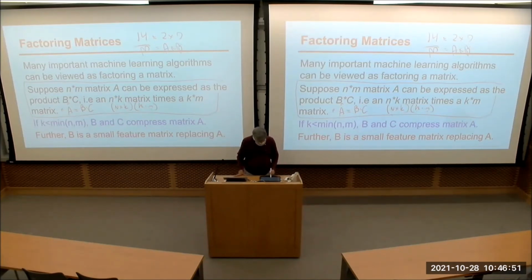If I could factor my matrix A into two matrices whose product gives me A, and if the inner dimension, k, is small relative to n and m, then together B and C compress the matrix. Okay?